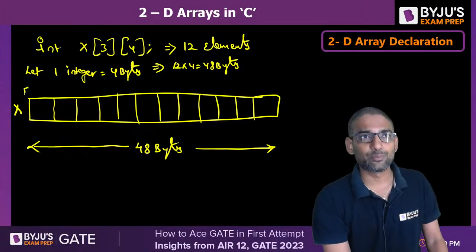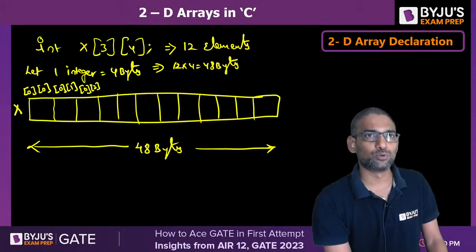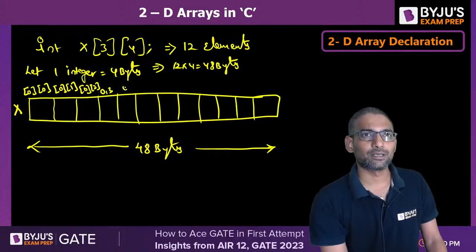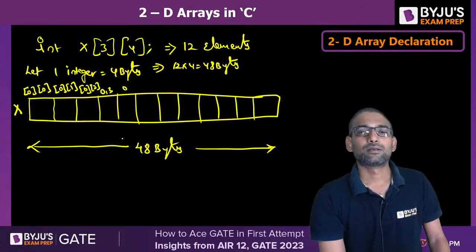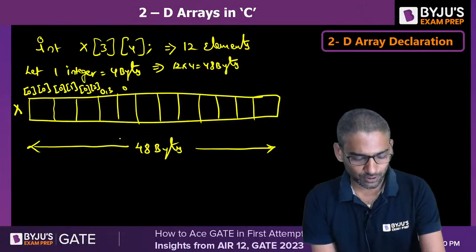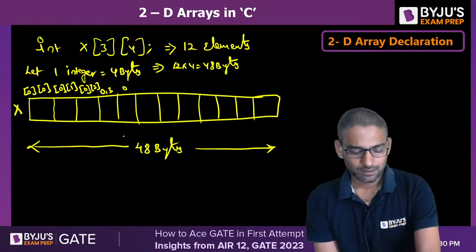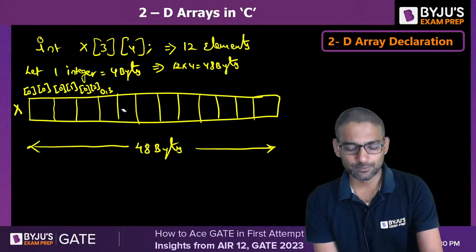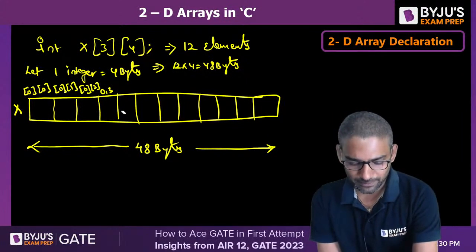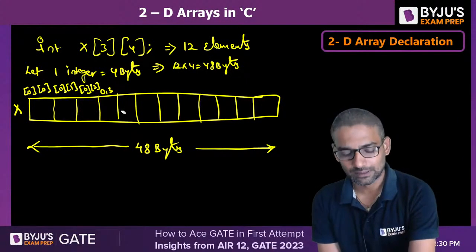So this would be 0, 0. This would be 0, 1. This would be 0, 2, 0, 3. So as there are 4 columns, the column numbering starts with 0 and ends with 3.